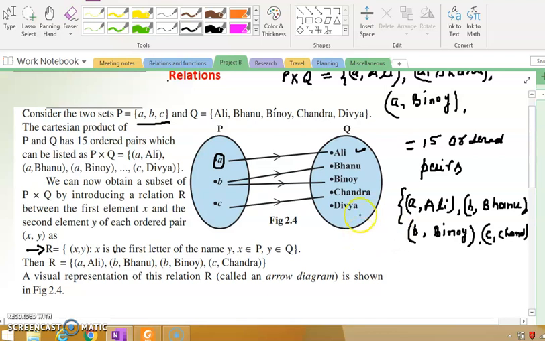In set builder form, (X, Y) such that X is the first letter of the name. X means the very first element. The name is Ali, and the first letter of Ali is A.